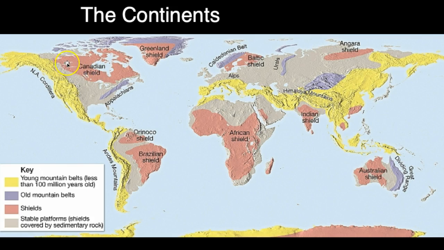Yellowknife lies right here, just a little bit north of the Great Slave Lake. So those are your shields. And then in gray, you have the stable platforms, which is pretty much everything else that I haven't pointed out yet. So again, as I told you, most of the interior US is made up of the stable platform.